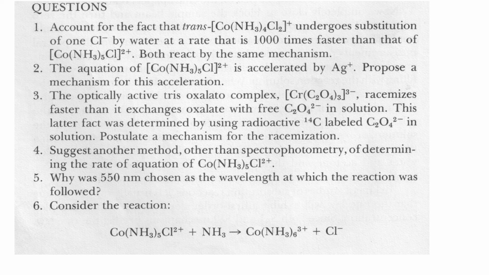For question 4, suggest a method other than UV visible absorbance to follow the change in concentrations of cobalt in H35Cl. And the fifth question: why was 550 nanometers chosen as the wavelength? And question 6: you have the reaction of the cobalt pentaammine chloro complex with ammonia to form the hexaammine complex.